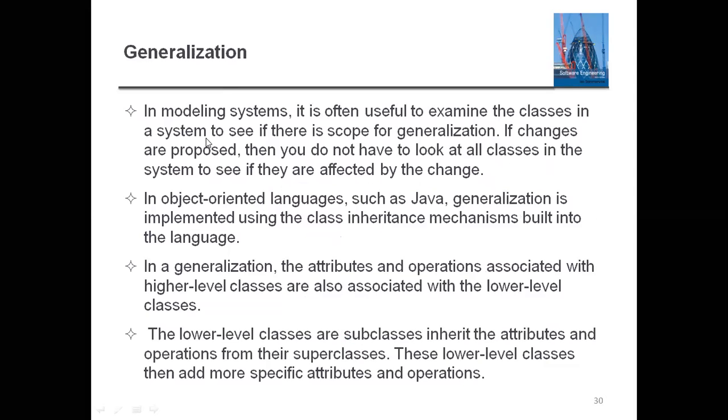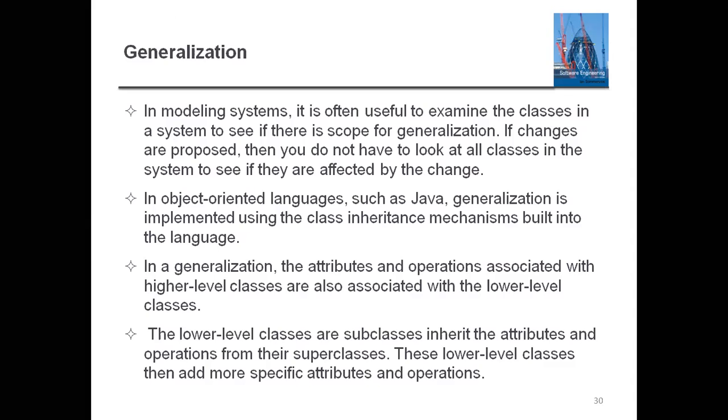Also, the first thing generalization has, in this modeling system, is that the classes are arranged in such a way that changes do not affect the other classes. Suppose I have a class named student and another class named teacher.